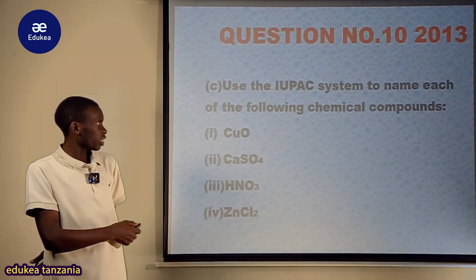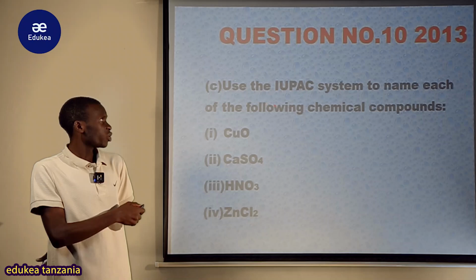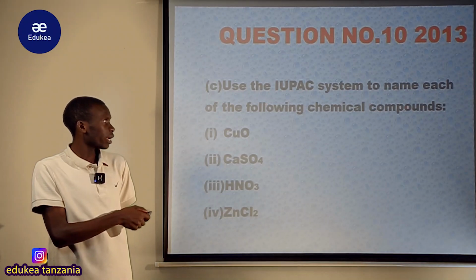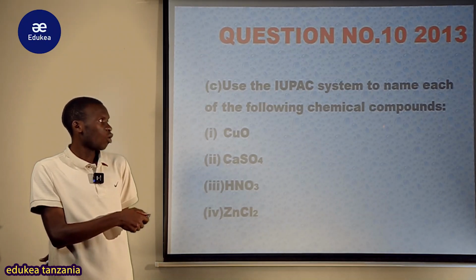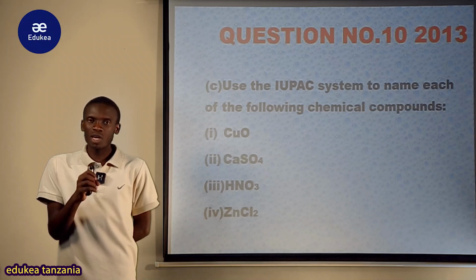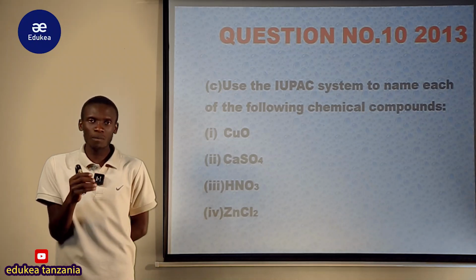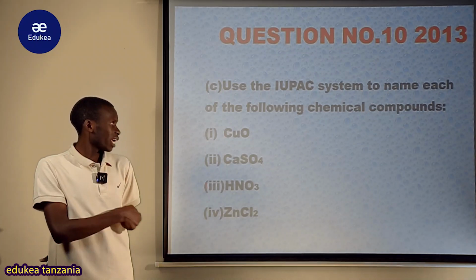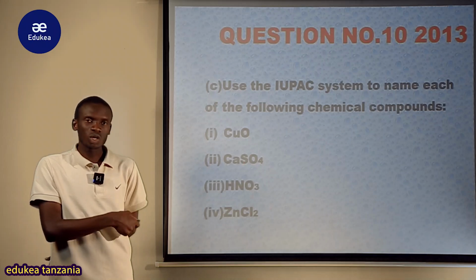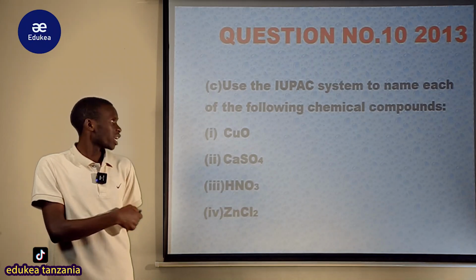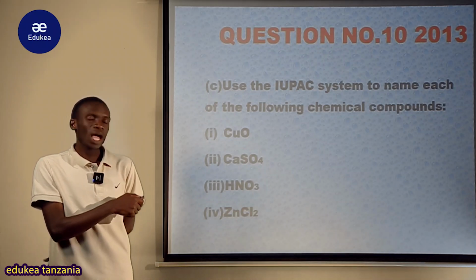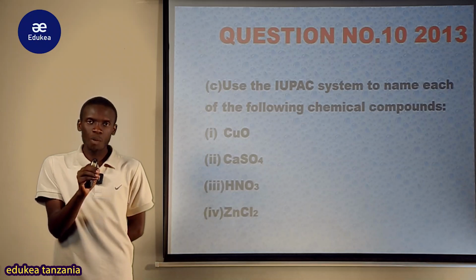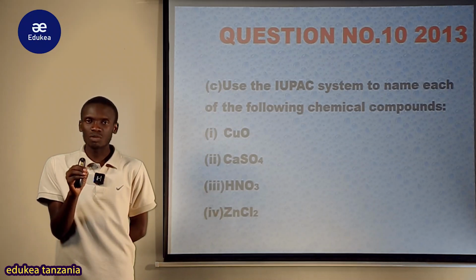And in part C of the question, a student is required to use the IUPAC system to name each of the following chemical compounds. Itakiwa utumie IUPAC system ku provide the name of these compounds, itakiwa utoe majina ya hizi compound, lakini kwa kutumia IUPAC system. Tunajua kuna common name na kuna IUPAC system.